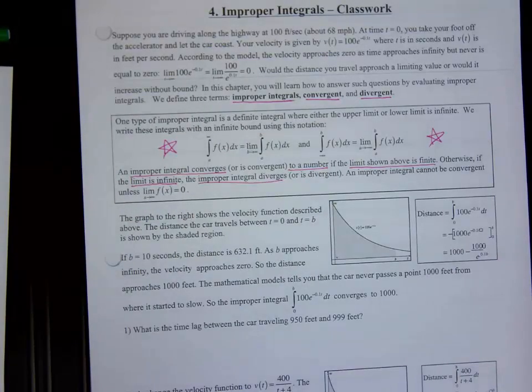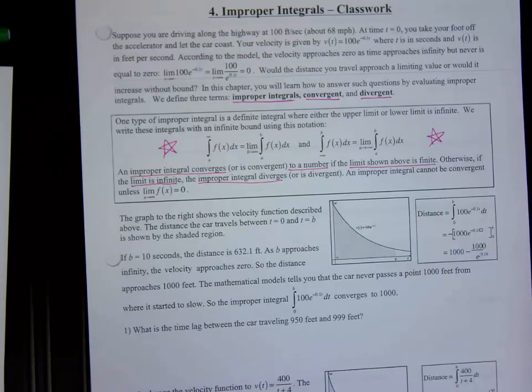So when you're done, if your answer is infinity, it diverges. And so from this point forward, as you're doing these problems, you're going to write down convergent or divergent. Okay? So the easy way to remember it is this. If your answer is infinity, it's divergent. Everything else is convergent. Okay?